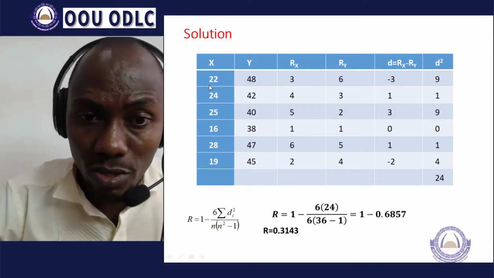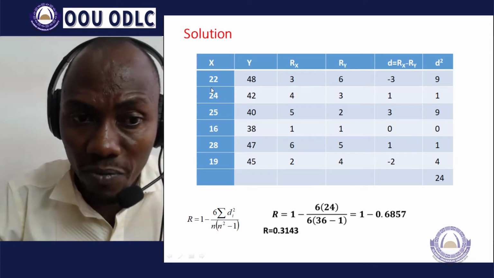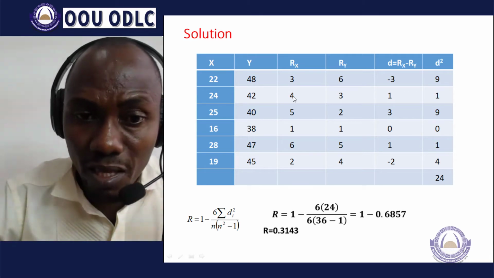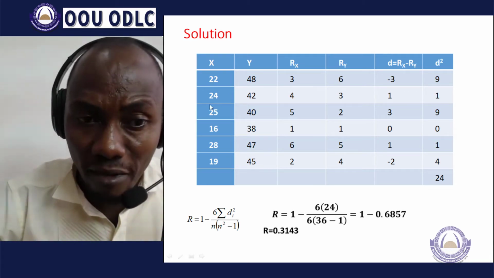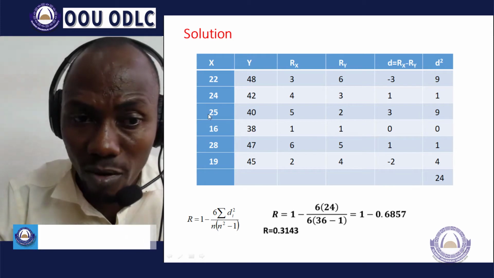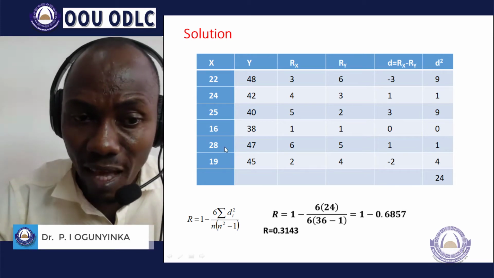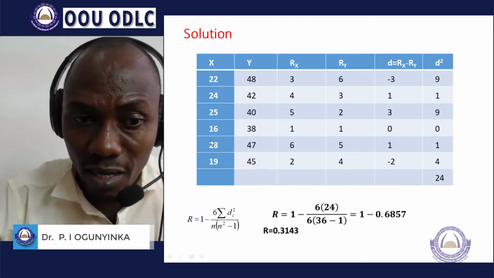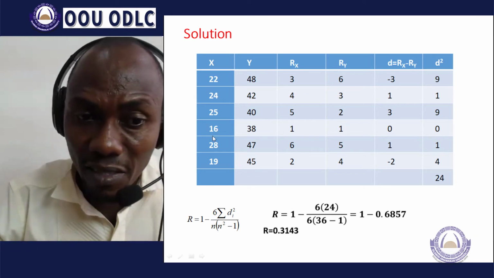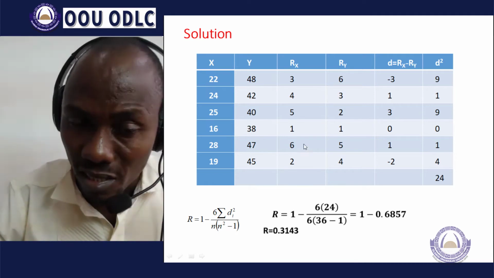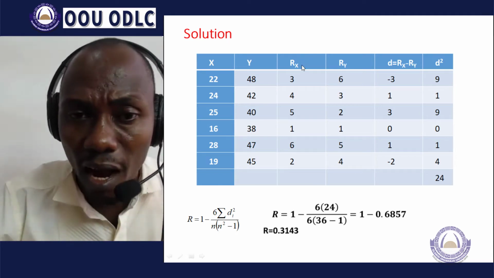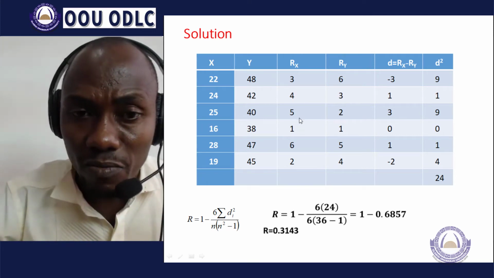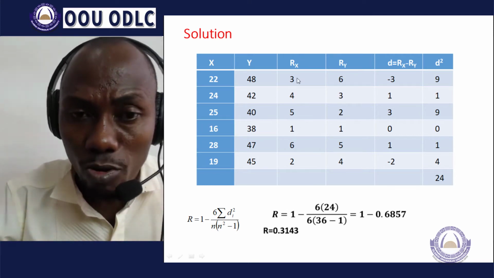The next value, 24, is given the rank 4. The next value, 25, is given the rank 5. Finally, the last value, which is the sixth value in X, is 28 and this is given the rank value of 6. This is how the rank value for X is gotten, which is presented in the third column.